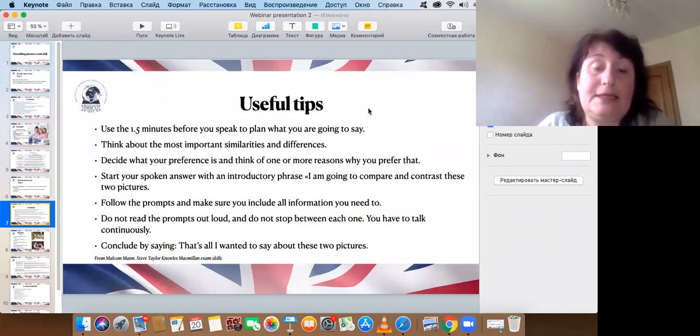Use this time before you speak to plan what you are going to say. Actually, this task is more challenging than the previous one because here you have to compare and contrast 2 photos, and it should be a monologue.